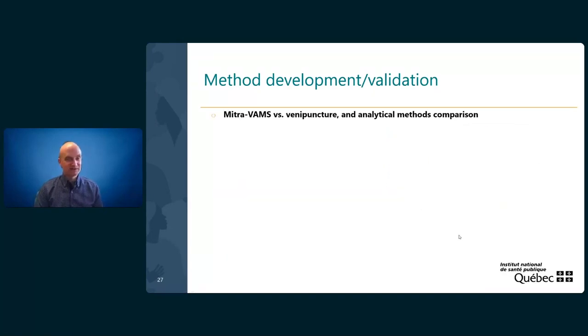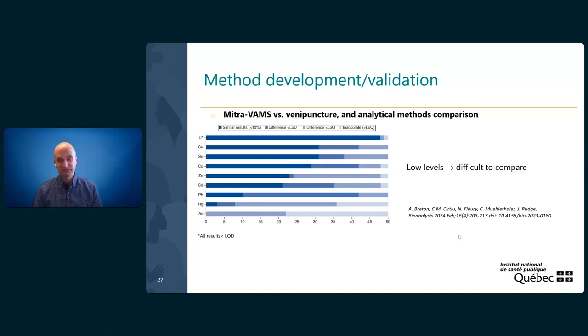Then we compared VAMS versus venipuncture, so the collection approach, but also the analytical methods. We compared our new method based on VAMS collection with a routine analysis method used here in our laboratory based on a dilution and injection approach. So we compared different things at the same time, and we did this with a cohort of 50 participants, healthy and unexposed people.